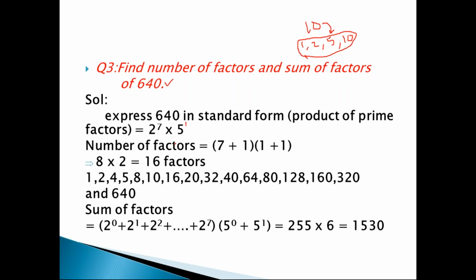Then to find the number of factors, here we have 7 as its power or exponent, and add 1 to the exponent, and again 5 has 1 as its power, then 1 plus 1. 7 plus 1 is 8, 1 plus 1 is 2, 8 times 2 is 16. So there are 16 factors for 640.